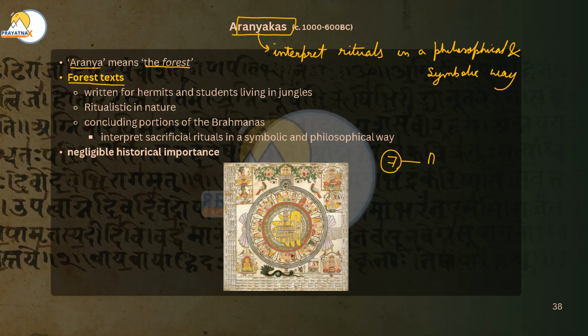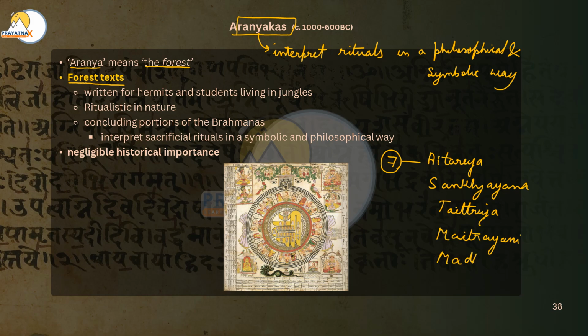So, it is Aitareya, Shankhayana, Taittiriya, Maitrayani, Madhyandina, Talavakara and Jaiminiya.